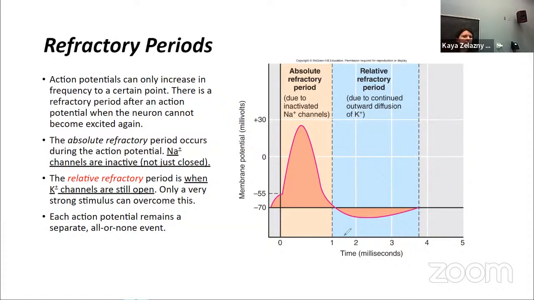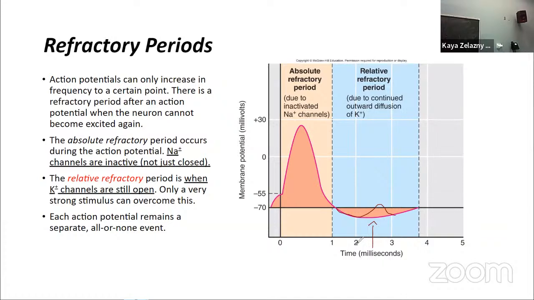So even if you sent a stimulus in, a graded potential that from rest would normally hit threshold and kick off an action potential, if it happens here while we have extra potassium channels open and we're in this after-hyperpolarization phase, it's not going to get us high enough, because it has to overcome the fact that potassium is still leaving the cell more quickly than it usually does.